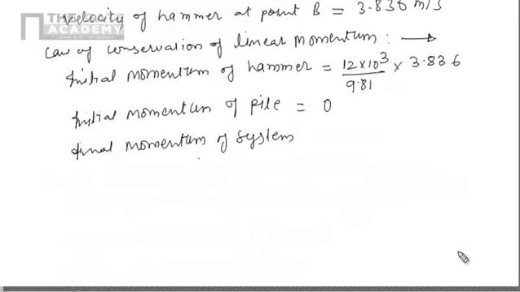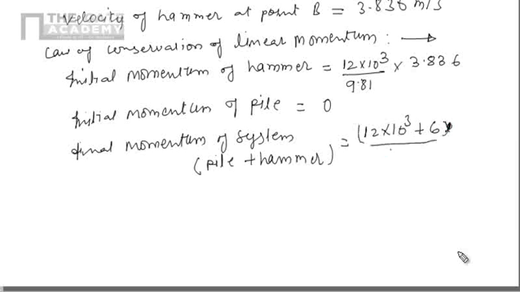So in this system we have to consider the combined mass of pile and hammer. So the mass is 12 into 10 to the power 3 plus 6 divided by 9.81, and we have to find the velocity.